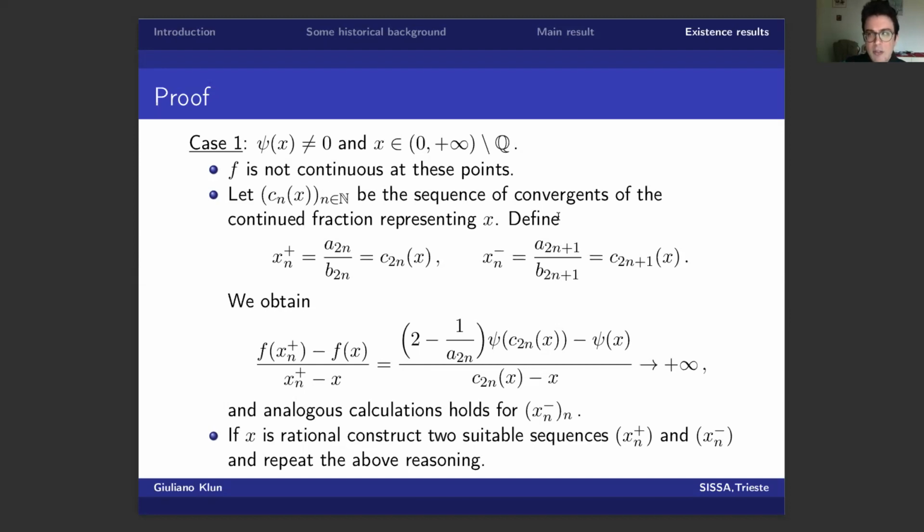Continued fractions are a way to represent real numbers, as the decimal expansion is. The representation in continued fraction is unique for irrational numbers, and it is not unique for rational numbers, but there exist only 2 possible different representations of the same rational number.